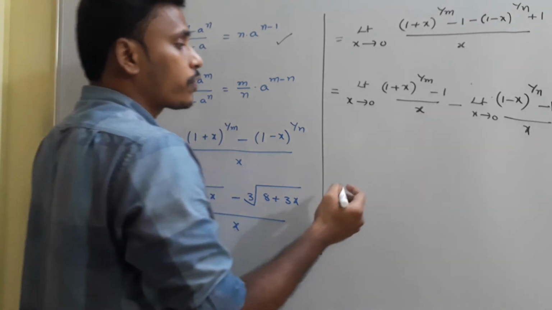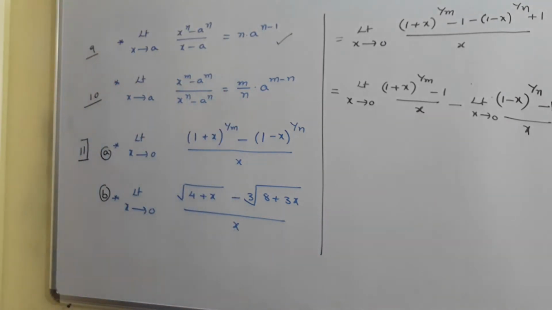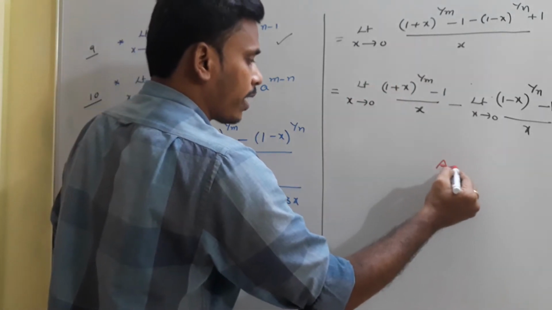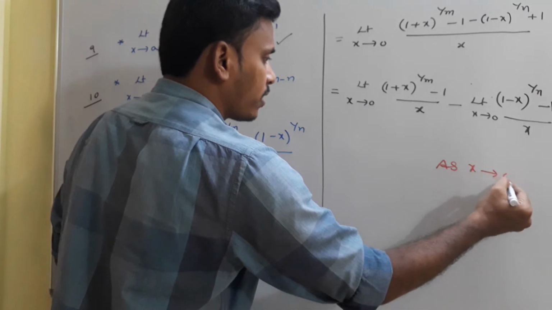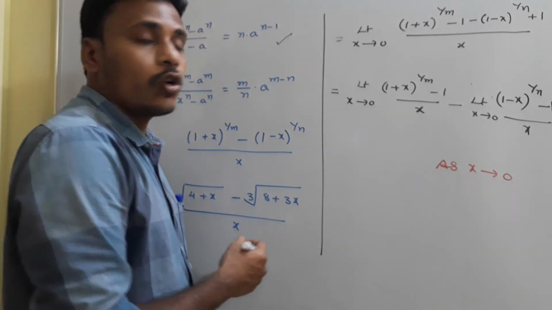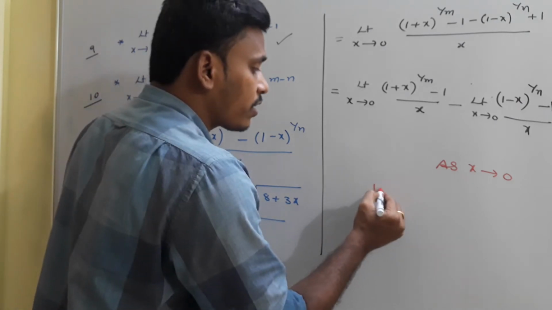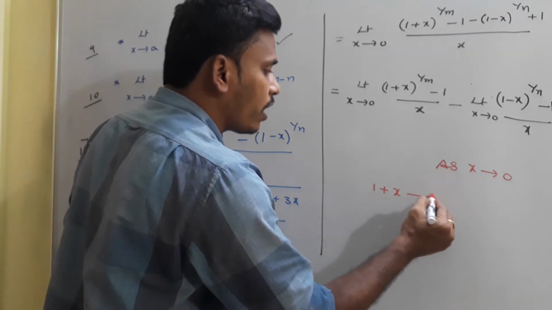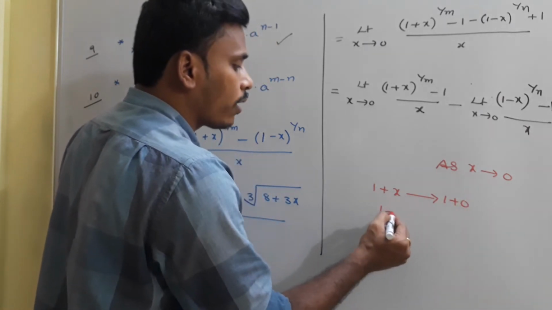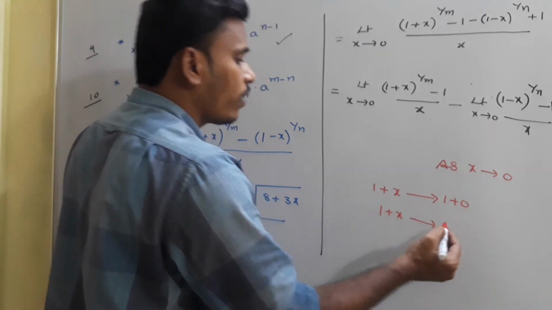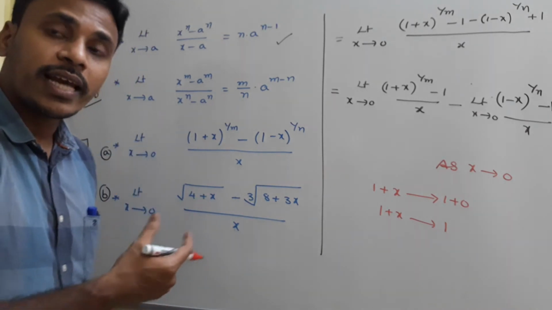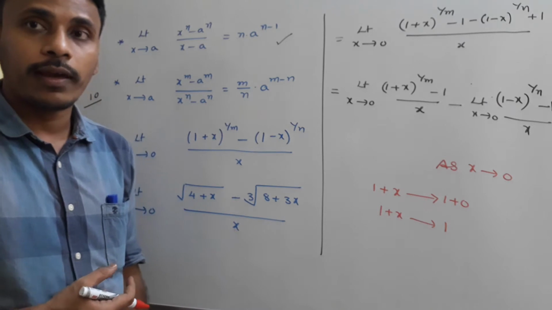As part of the search, you need to think: as x is tending to 0, if x is very near to 0, then 1 plus x is very near to 1. So as x tends to 0, 1 plus x tends to 1 will happen.